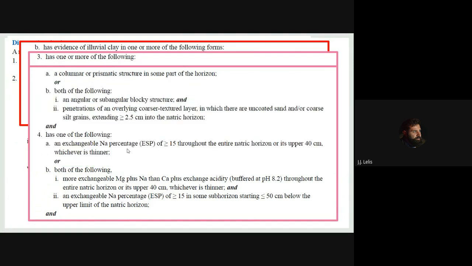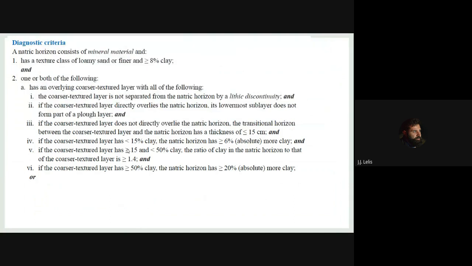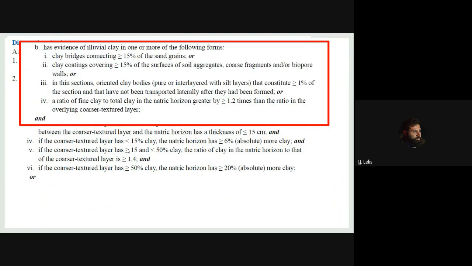So we have some properties that are quite related, that are the same as for the argic horizon, that is, a substantial increase of clay content, or features that express clay migration.